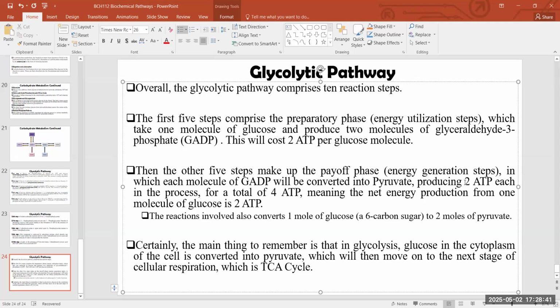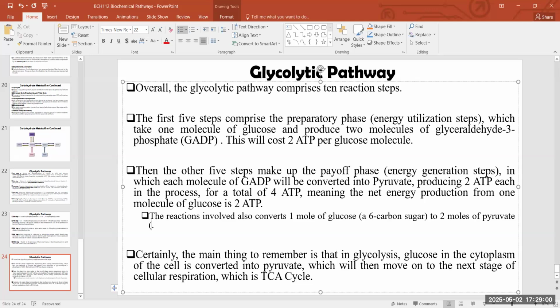Then say the reactions also convert one molecule of glucose, a 6-carbon sugar, because there are other sugars that are not up to 6 carbon, some are 3, some are 5, to 2 molecules of pyruvate.